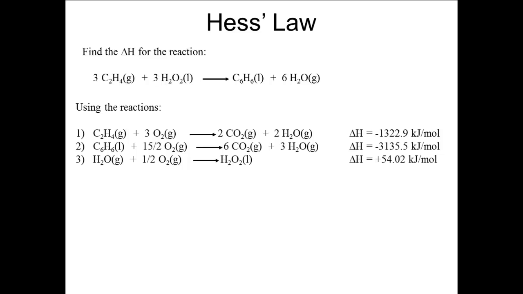We want to find the compound C2H4 gas in the reactions we are given, and we do find it in reaction 1. We want to find H2O2 liquid, and we do in reaction 3. We find C6H6 liquid in reaction 2.